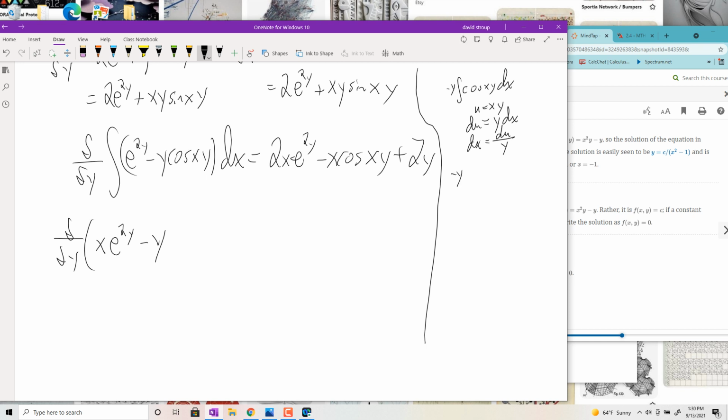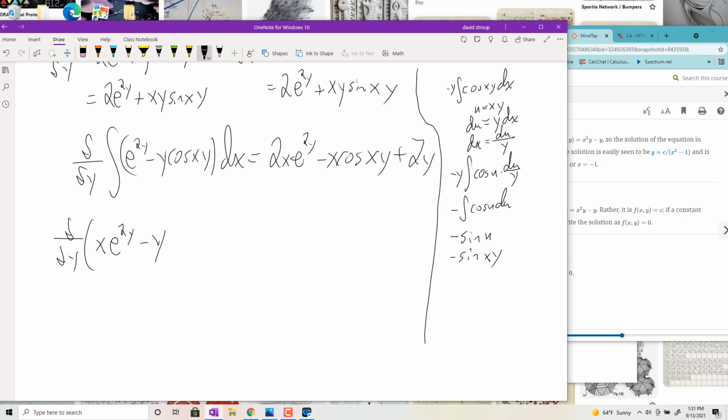So I'll have negative y times the integral of cosine of u times du all over y. You can factor out the y, because that's constant, so you get negative integral of cosine u du. Integral of cosine is just sine, so negative sine of u plus a constant, and then back subbing, negative sine of xy.